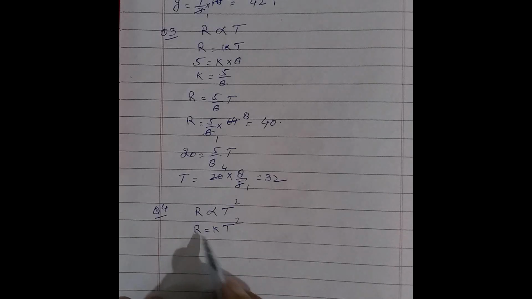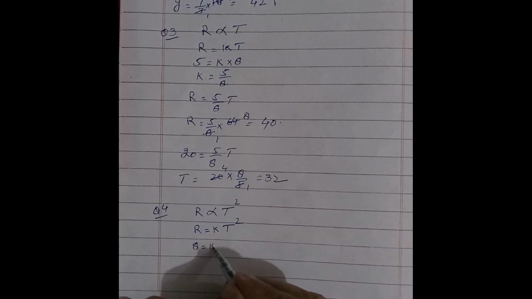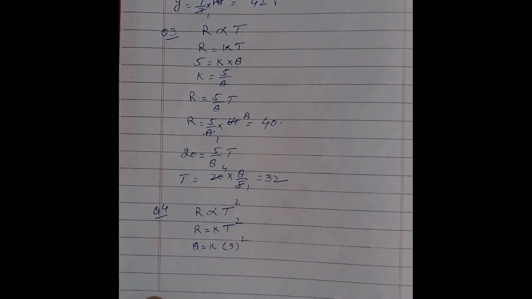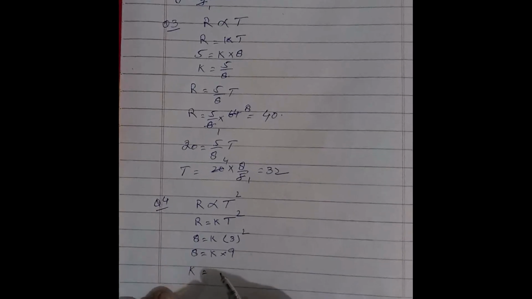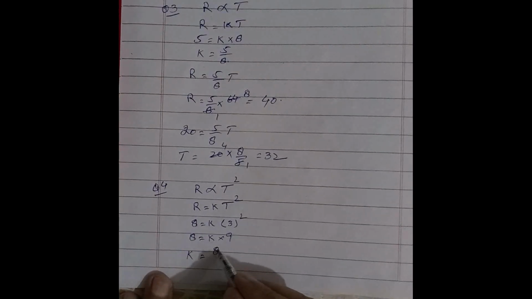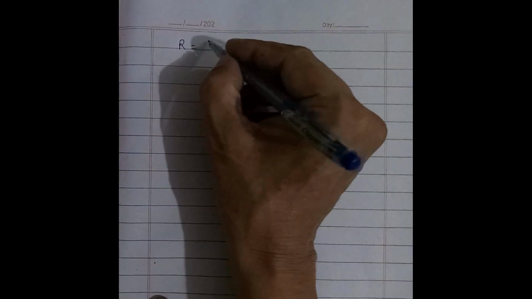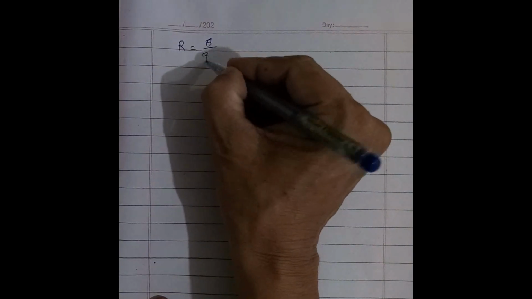So we put the value of r and t. r is equal to 8 is equal to k, t is equal to 3 whole square. Now simplify these values. 8 is equal to k into 9 and k is equal to 8 over 9. And we put the value of k, which is 8 over 9, in this equation: r is equal to 8 over 9 t square.